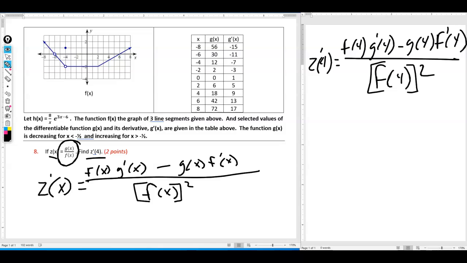All right. F of 4, we're going to look at the f graph. F of 4 is right here. That's a value of negative 1. G prime of 4 is 9. G of 4 is 18.